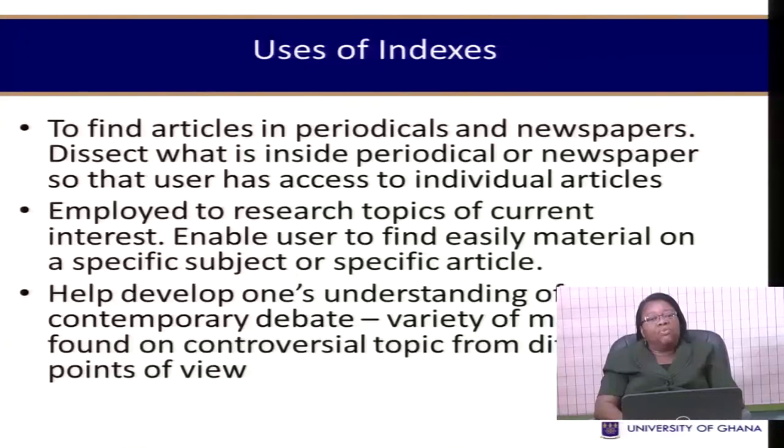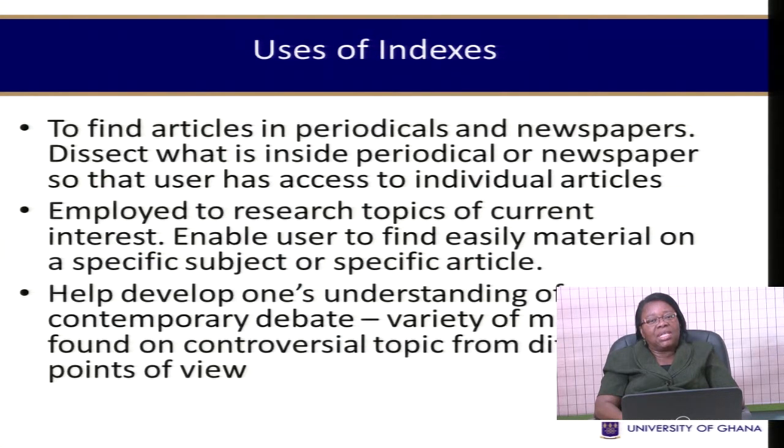Note that we said a library catalog lists materials, but the library catalog will not list individual materials found in the periodical or the newspaper. That work, that publication goes into what we call a periodical index or a newspaper index. And they are used to find research topics of current interest.